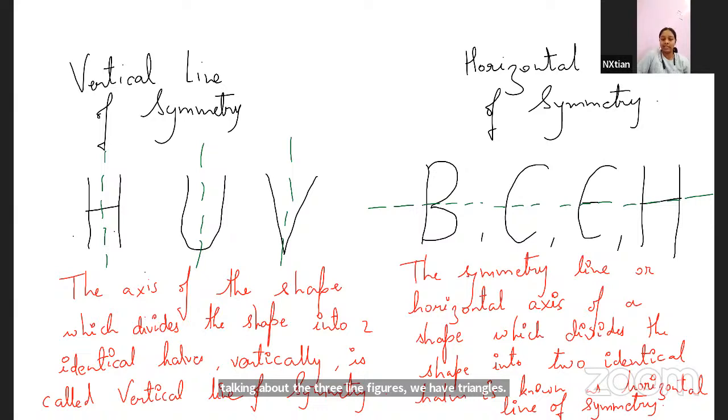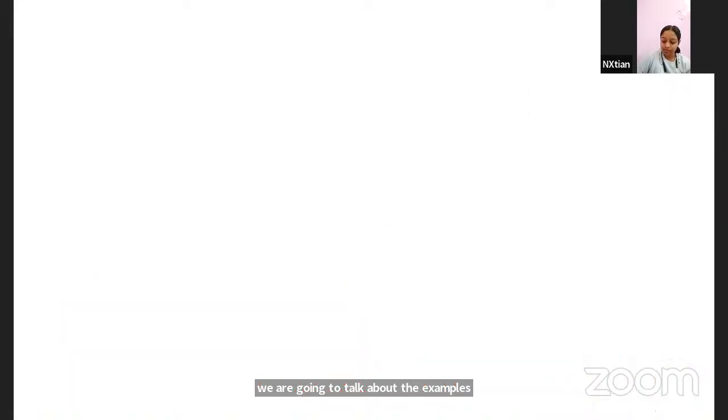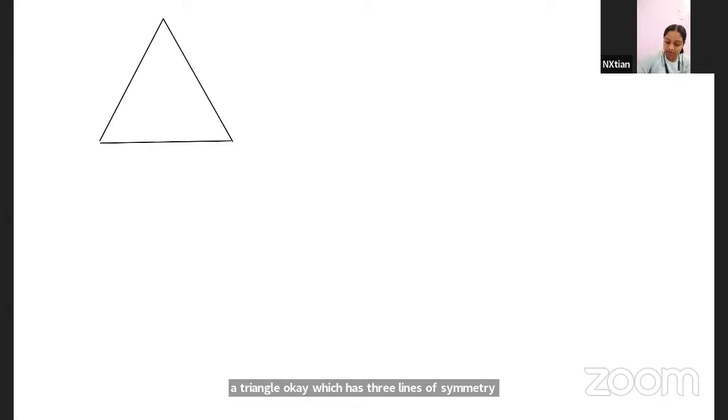We are going to talk about the examples of lines of symmetry. Okay, so three lines of symmetry. We have a triangle, which has three lines of symmetry that pass through it like this.